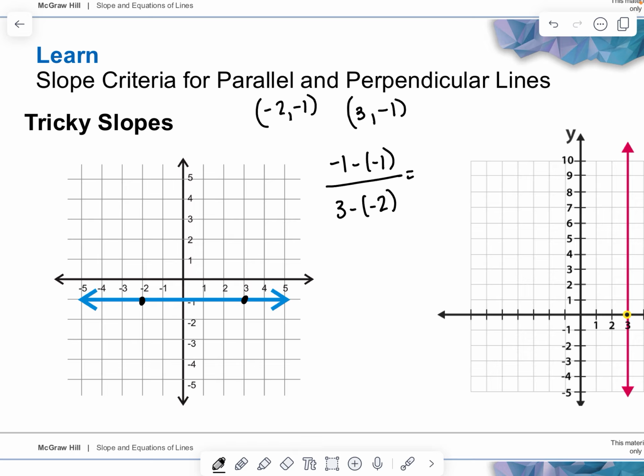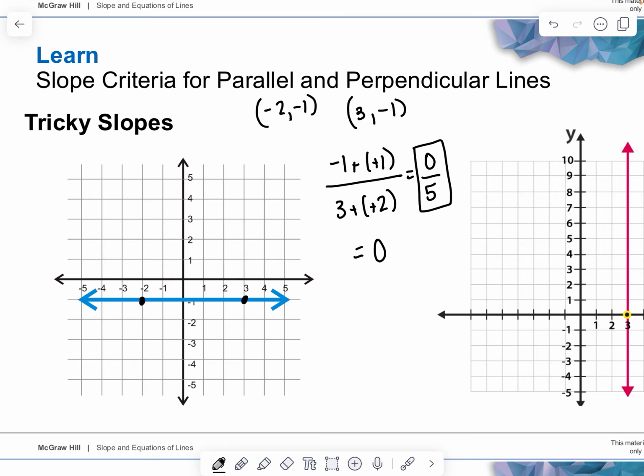We end up with, remember these become positive, 0 over 5. And remember, 0 divided by 5 is 0.